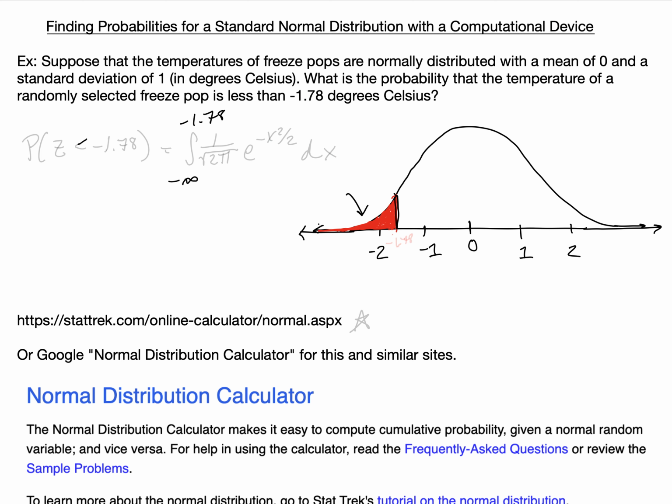To find these probabilities, here is one such computational tool, and that's the one I'm going to showcase in this video, but they're all fairly similar. If you just search for or Google normal distribution calculator online, you'll find a lot of similar sites, and this first one, this StatTrek one, is probably one of the first ones that will come up for you.